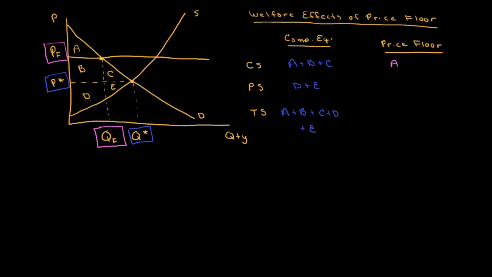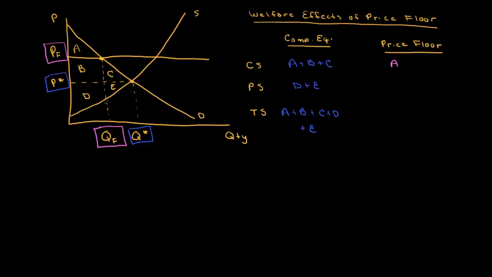Producer surplus, however, is a little harder to figure out because technically we have more producers that want to provide the product than the actual amount of product that will be sold. There's no guarantee that the people with the lowest marginal cost of production will be the ones that sell the product, because technically any of these sellers would be willing and able to sell the product at a price of PF.